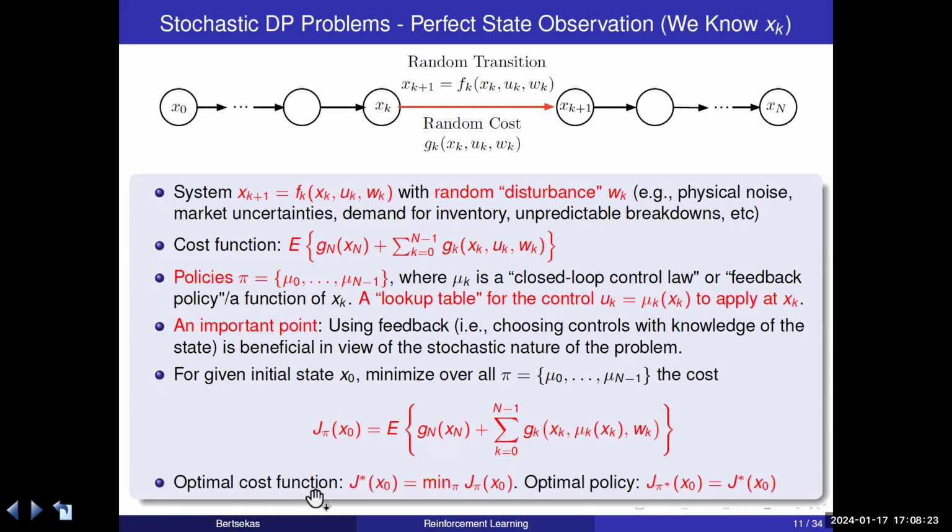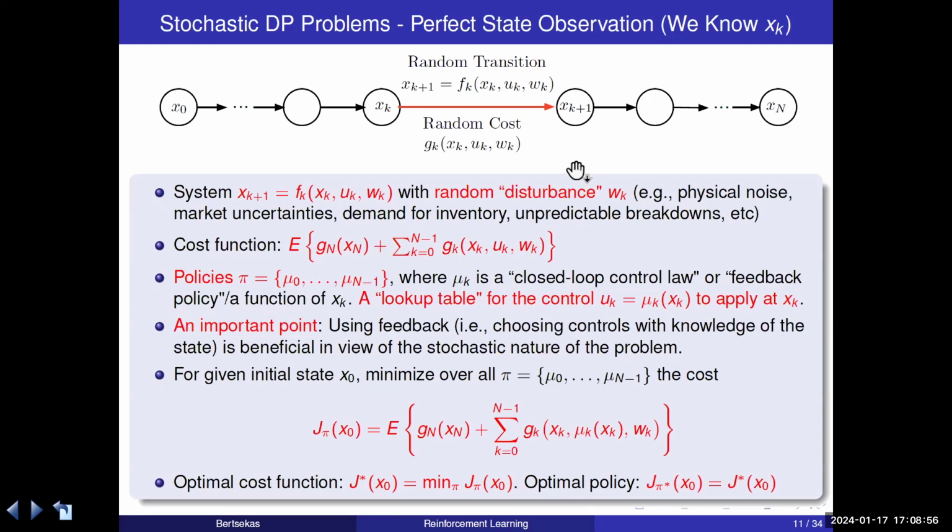And the optimal cost is obtained by minimizing over all policies of this J pi of x0. And this is J star, the optimal value of the problem, and depends on the initial state like it did for deterministic dynamic programming problems. And of course, an optimal policy is one that attains the minimum in this minimization. Now, what we're going to do is extend the dynamic programming algorithm to this setting.